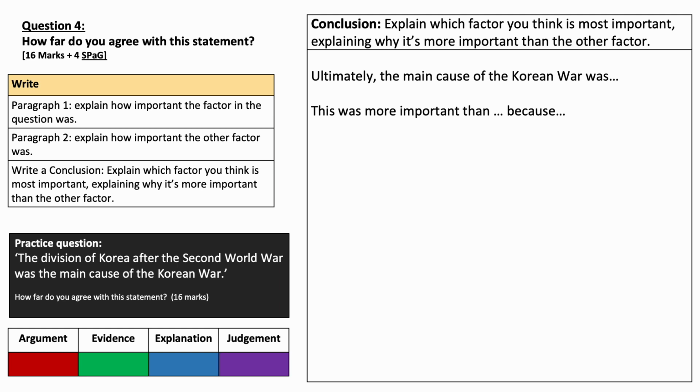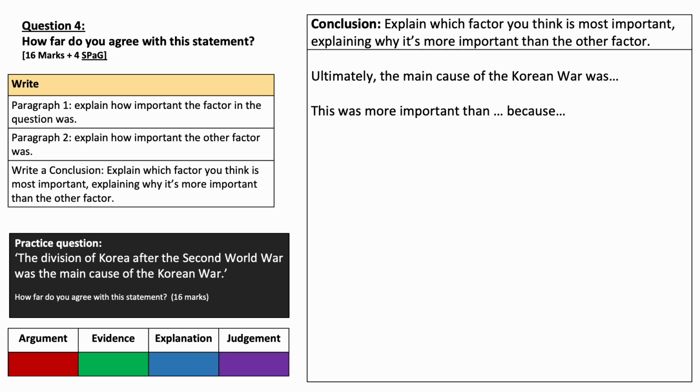The reason it was divided into two was due to this conflict between the USSR and the USA. And effectively, these tensions between these two countries, instead of being played out between themselves due to mutually assured destruction, were played out through proxy wars such as the Korean War.